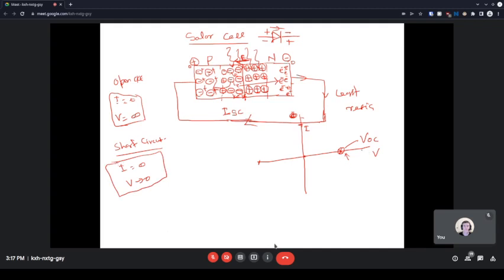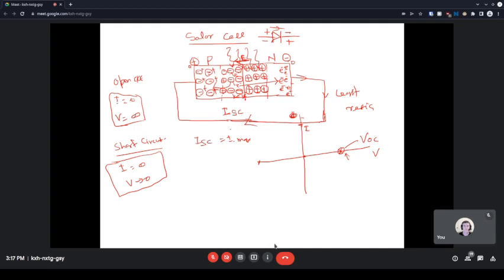So V is equal to 0, then ISC is going to be the maximum current, that we used to say infinite value. So this ISC is to be the positive ISC or negative ISC. Who is going to tell? This current is to be positive current or negative current?